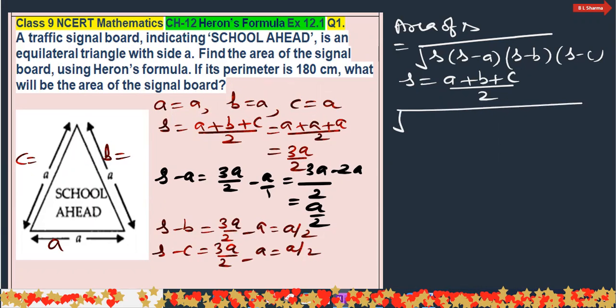So now putting in the formula here, in place of S, we can write 3a by 2. In place of S minus a, that is a by 2. In place of S minus b, that is a by 2, and in place of S minus c, that is also a by 2.